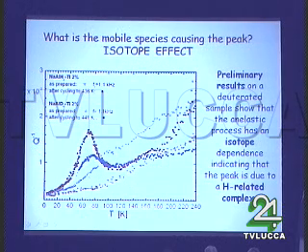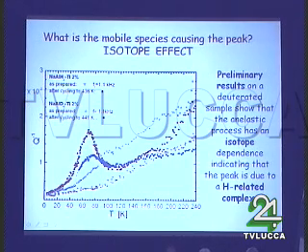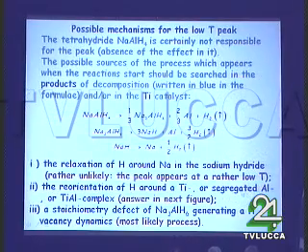This is an experiment with deuterium, which shows that there is a shift of the peak towards higher temperature. So the preliminary results on isotope effects show that the anelastic process has an isotope dependence, indicating that the peak is due to a H-related complex.